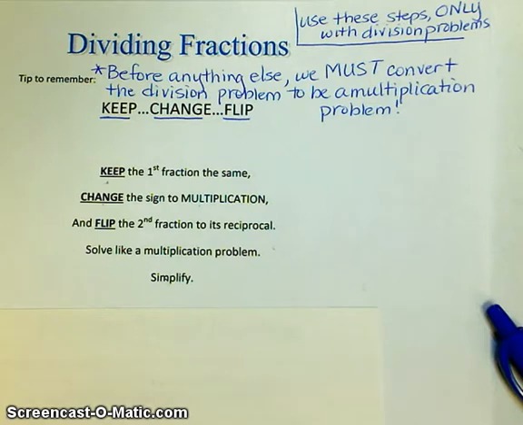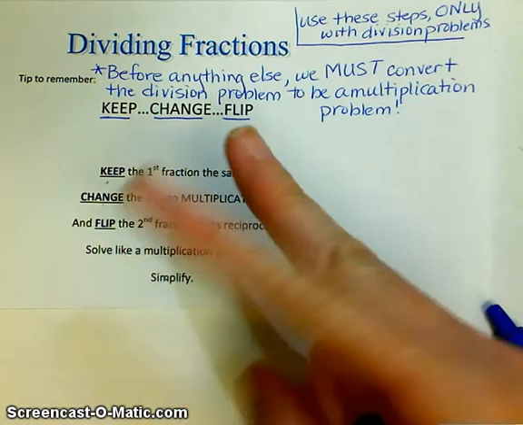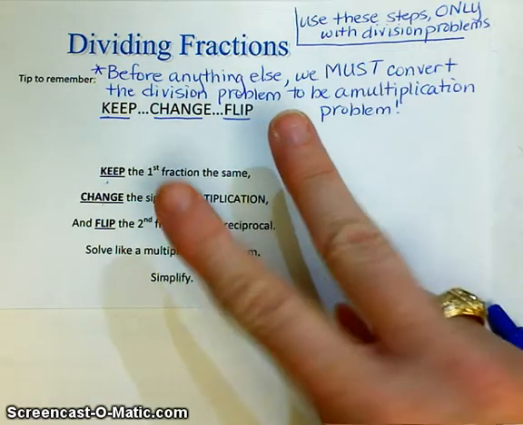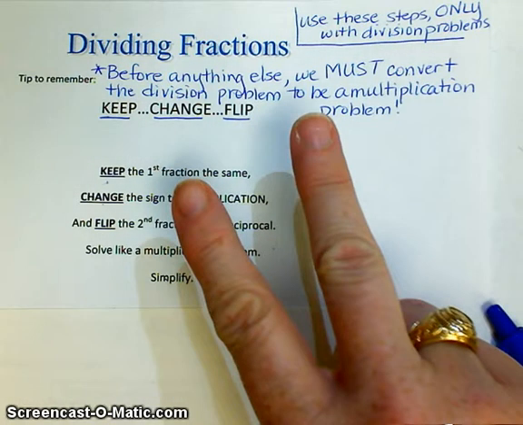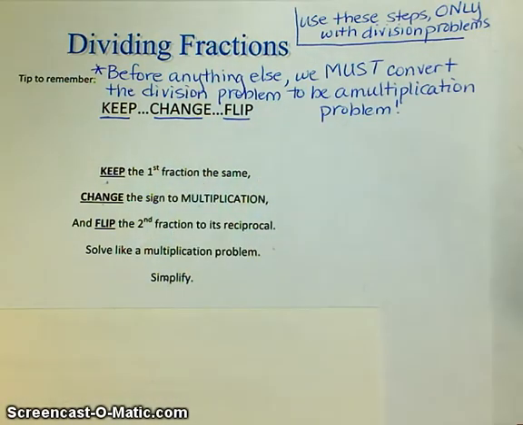But for you parents and kiddos who are using this for tutorials, in class, you will see me do this symbol to show you to flip the numerator and denominator. That's the reason why I use the keywords keep, change, flip. Because you keep the first fraction the same, then you change the sign to multiplication, and then you flip the second fraction to its reciprocal.